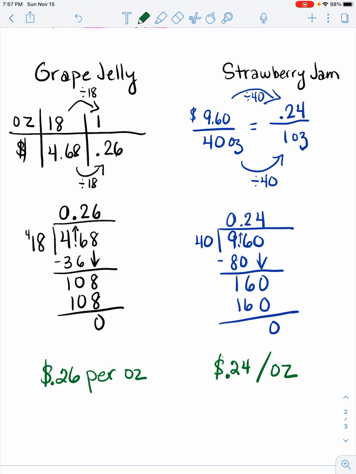That is, unless you prefer grape jelly and then you want to spend the extra 2 cents. So again, the math alone is not going to tell us which to buy. Okay, we have to look at that and we say, well, here's the math. 26 cents per ounce versus 24 cents per ounce, and I use that math to make my decision. And that's how we use unit rate in our daily lives.